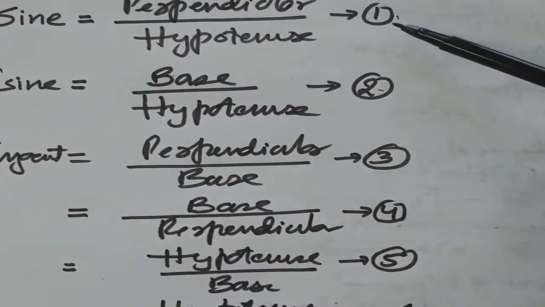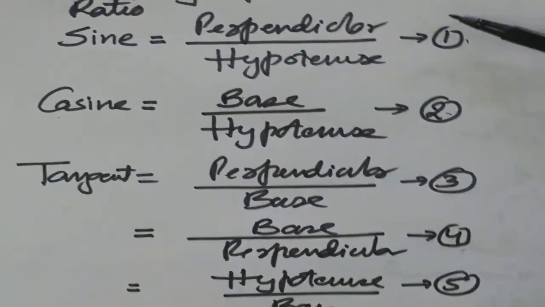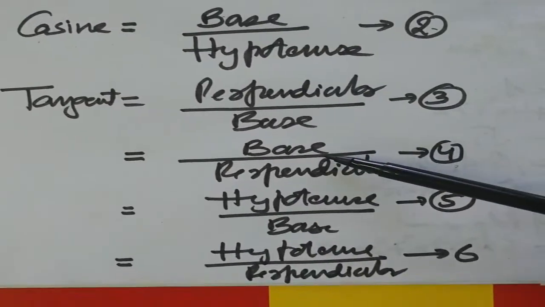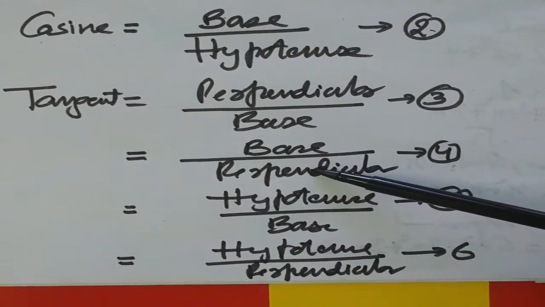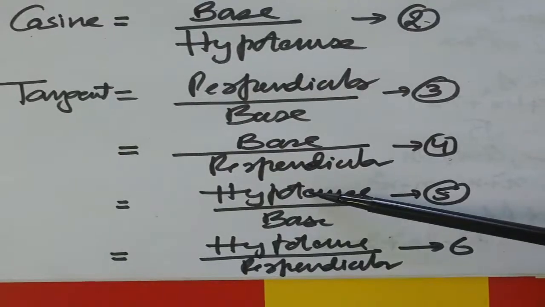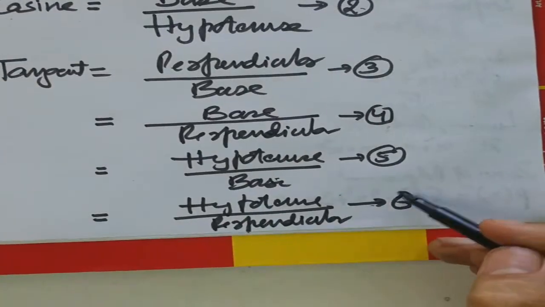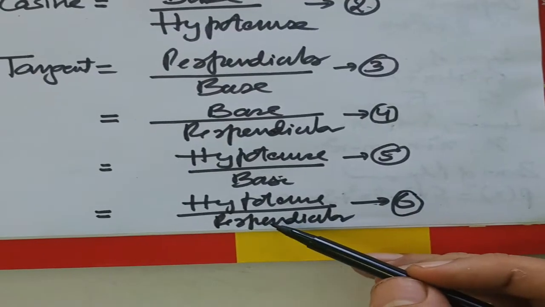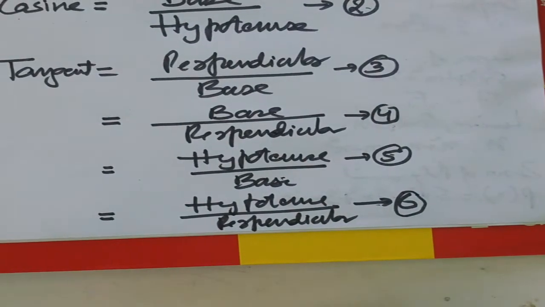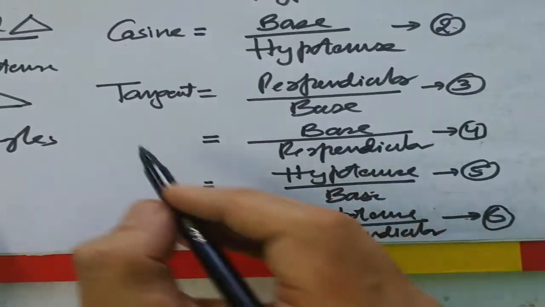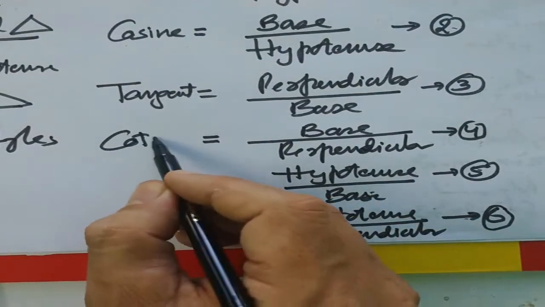So these are the first three ratios of three parts of a triangle. Then the fourth ratio is the ratio between base and perpendicular. Fifth is the ratio between hypotenuse and base. And the sixth ratio is between hypotenuse and perpendicular. Now this ratio is also given a name. This is called cotangent.